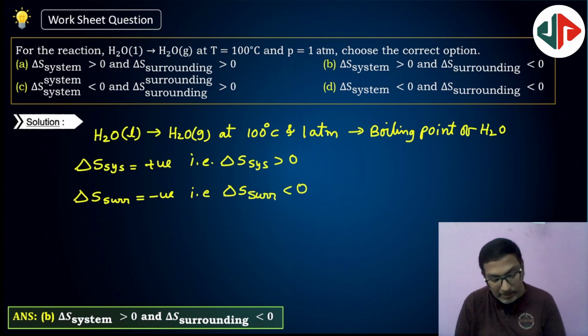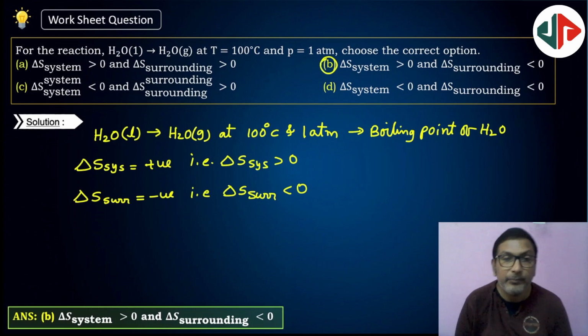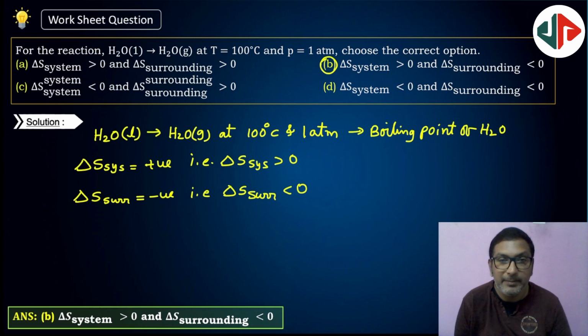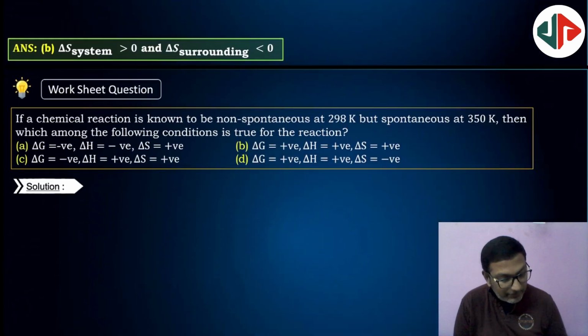So clearly option B. At the boiling point of water, heat will be absorbed by the system. Liquid water absorbs heat, therefore the system is gaining energy. Therefore, delta S of system is positive, greater than 0. So obviously, change in entropy of surroundings will be negative, less than 0.